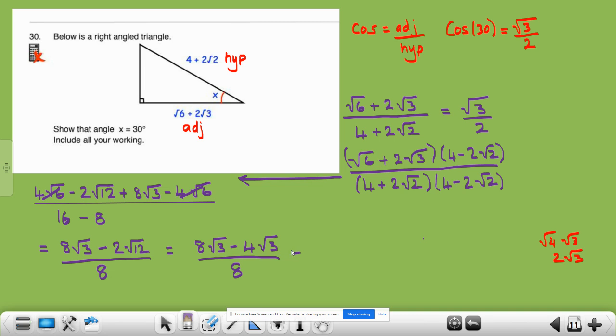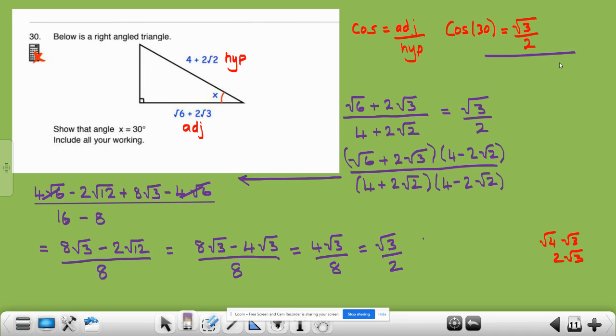And of course, that is going to give us 4 root 3 over 8. We can take out a factor of 4 and we will be left with root 3 over 2, which is exactly what we'd hoped for. Okay, so that is a much more complicated question than the last one.